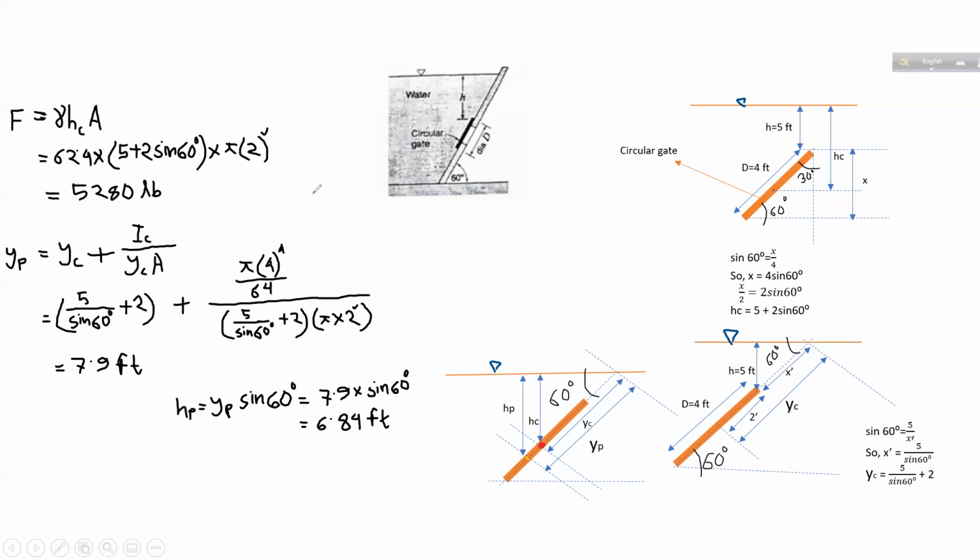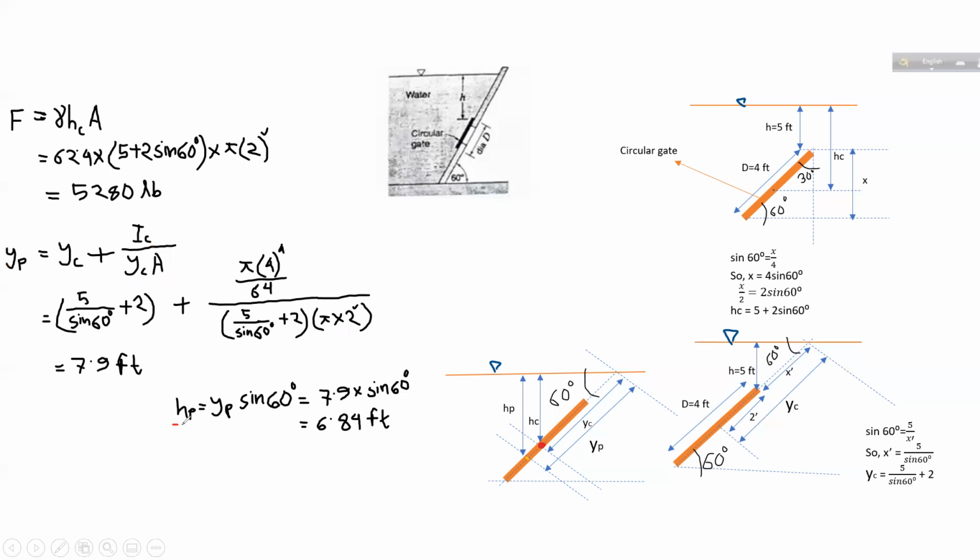You can see that to do this math, we require the concepts of centroid and moment of inertia. Now we have already calculated YC, so put the value here, and we have also calculated area, so put the value here. Finally, you will get the value of YP as 7.9 feet.